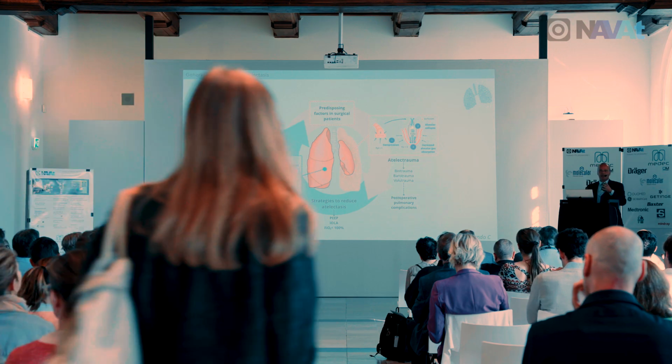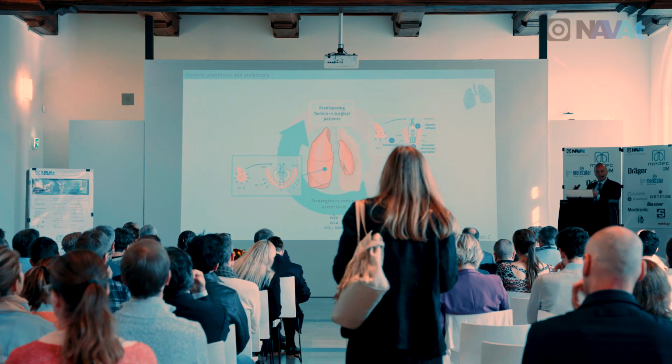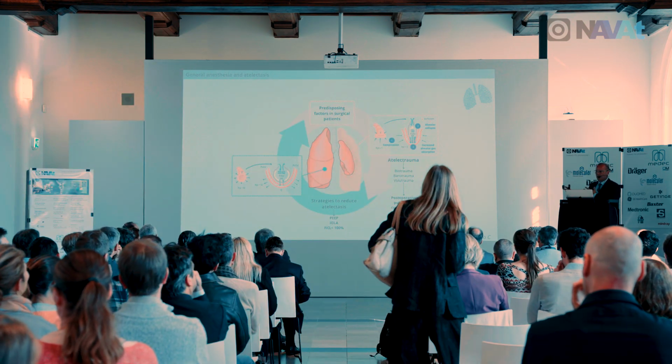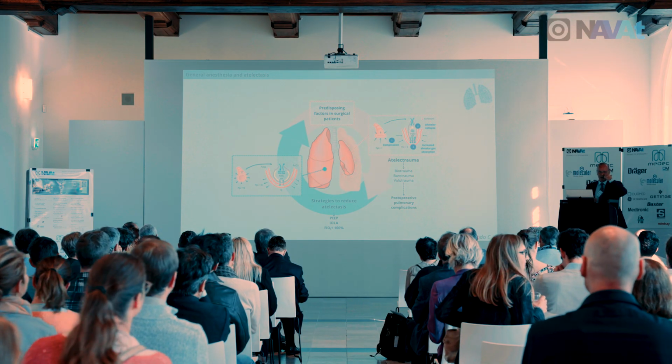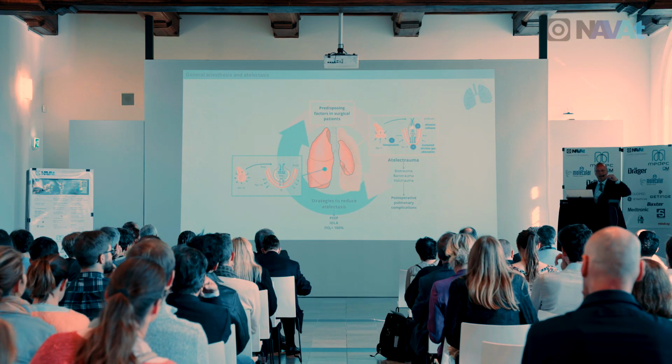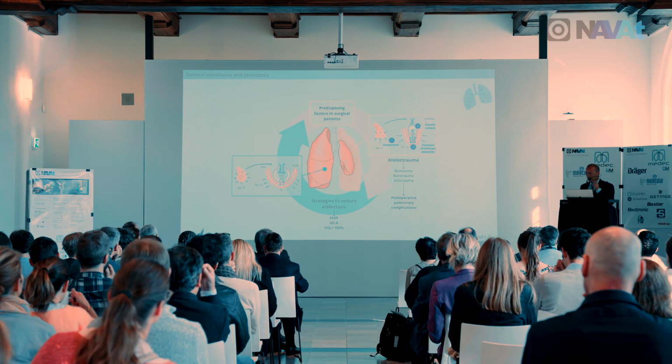And the atelectasis by itself promotes one of the main mechanisms of lung injury, which is the atelectrauma, when the alveoli open and close in the tidal cycle that we are ventilating the lung.